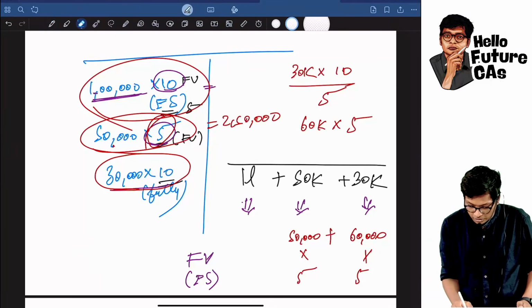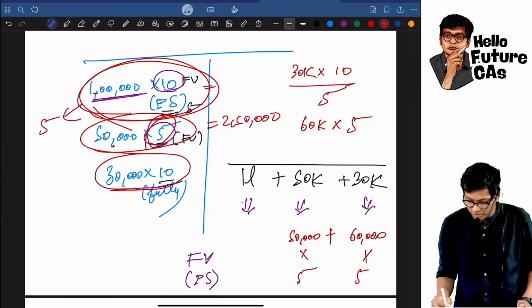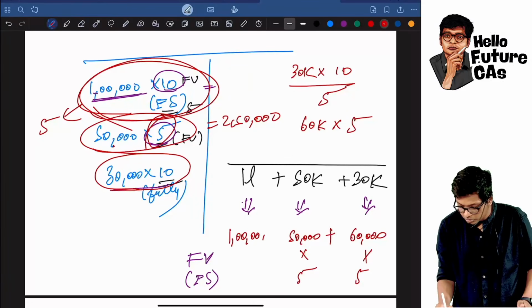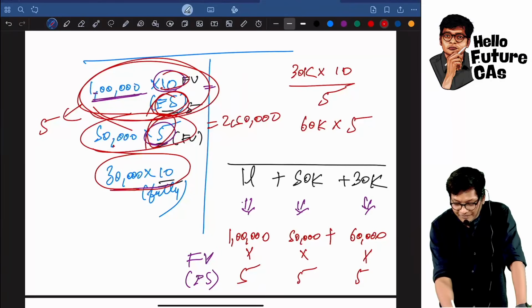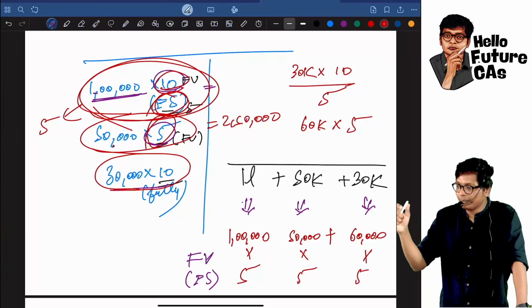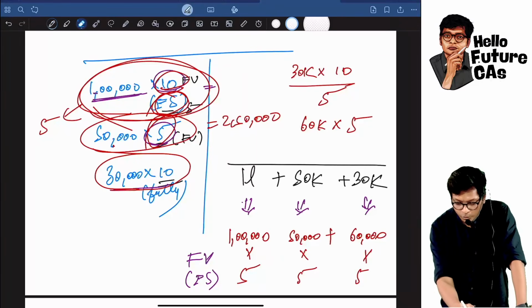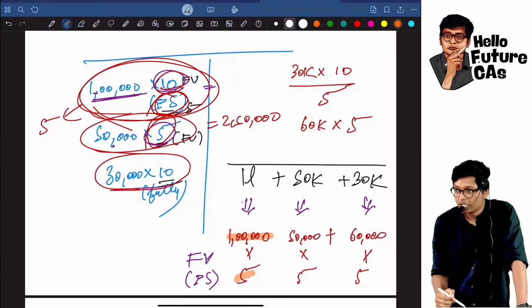See, the paid up value is already only 5. So I will just write it as 1 lakh into 5, because the paid up is 5. Even though face value is 10, what is the paid up value? I'm making everything comparable in the same terms. So now if you see the comparison, this will be 1 lakh shares of 5 each.